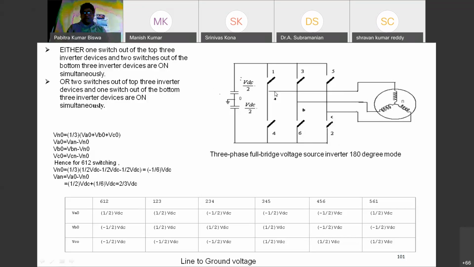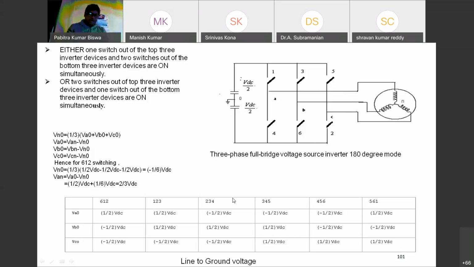When 6 1 2 is on, then VAN is 2/3 VDC, and similarly VBN and VCN will be minus one third VDC. Why? Because the summation of VAN plus VBN plus VCN equals 0. That means the balancing condition is possible.